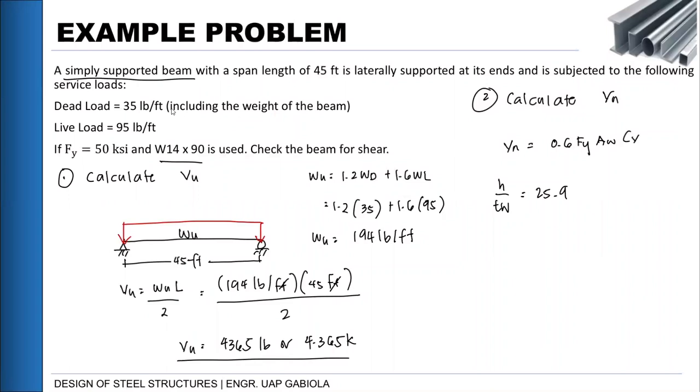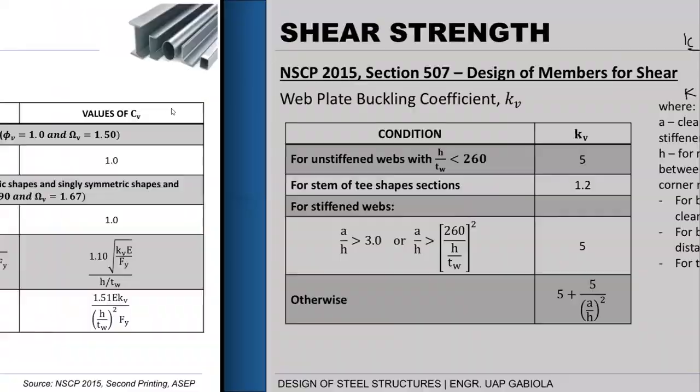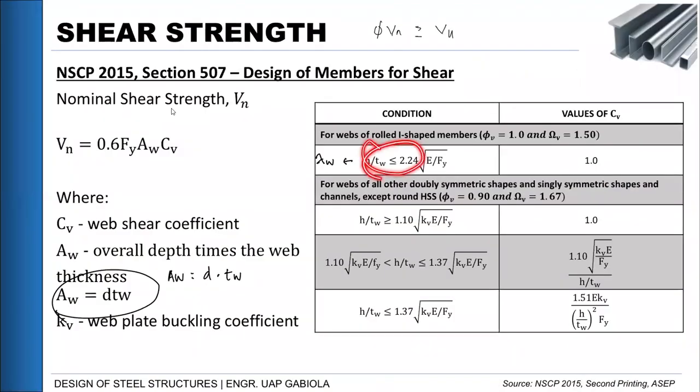Okay? And ano daw ba yung 2.24 square root of 29,000, ito yung E over Fy natin, 50. Okay? So, tingnan natin yung value niyan. 2.24 square root of 29,000 all over 50. We have 53.946. So, since ang kailangan natin satisfy, dapat siya ay less than or equal.